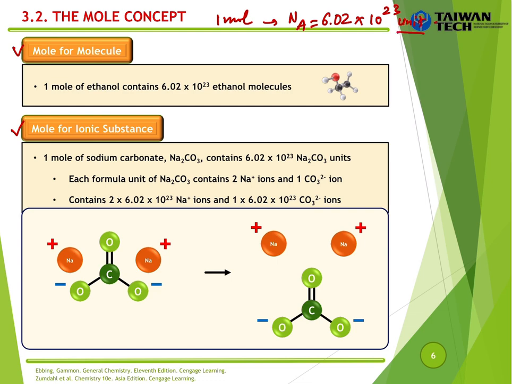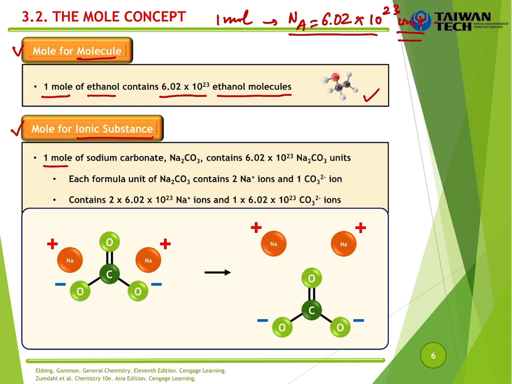So when we consider molecules, we call this value molecules. So 1 mole of ethanol, because ethanol is a molecule, has 6.02 times 10 power 23 ethanol molecules. But if you consider an ionic substance, we have the unit, not the molecules.